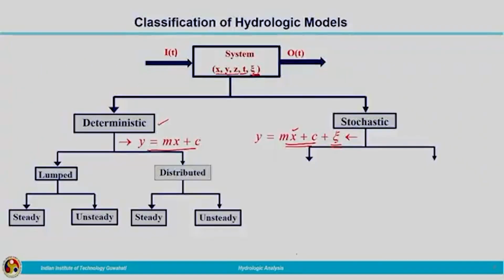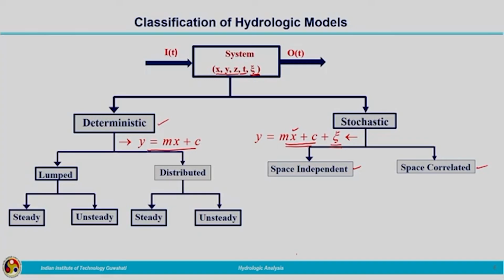Now, coming to the stochastic model, that also can be divided into two: space independent and space correlated. As in the deterministic model, which we divided into lumped and distributed, here the stochastic model is also divided into two, but we are not calling them lumped and distributed.